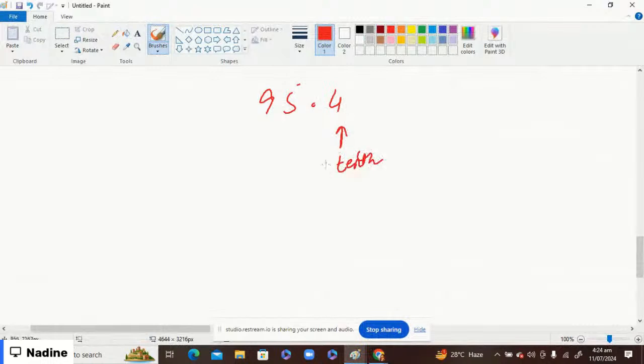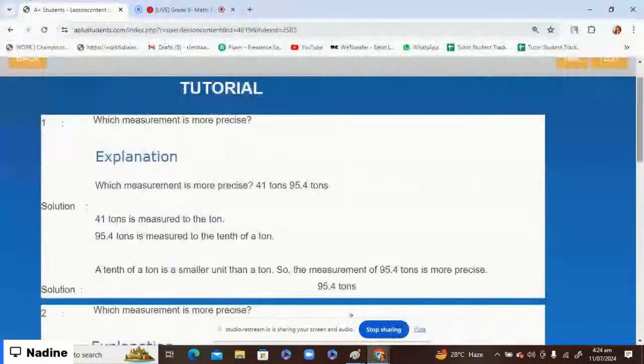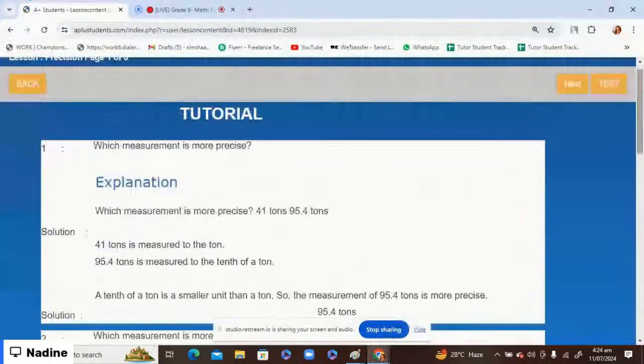So we just counted with the tenth place. Okay, so which one is more precise? The precise measurement is 95.4. This is basically the precise measurement.